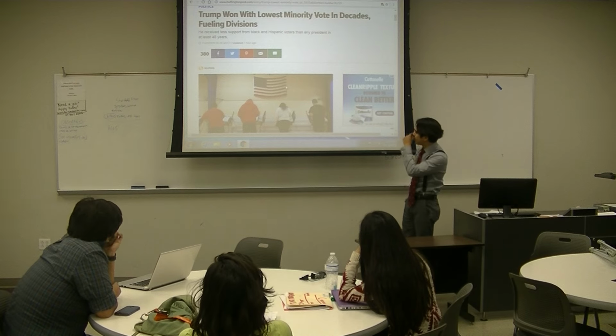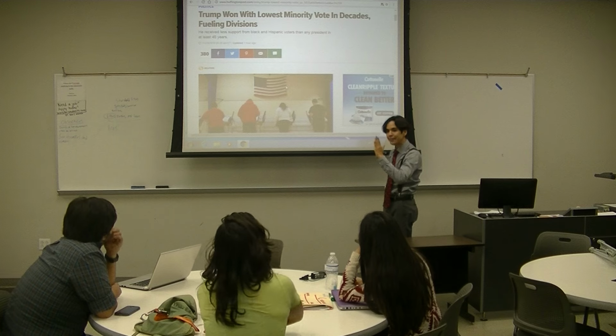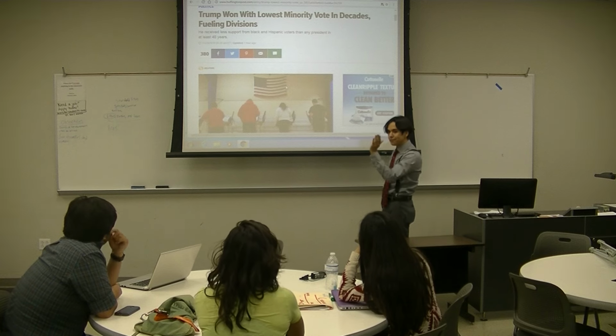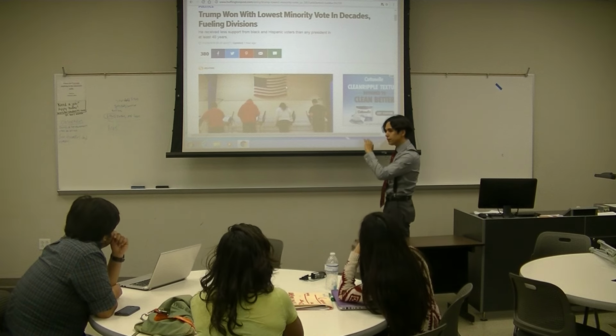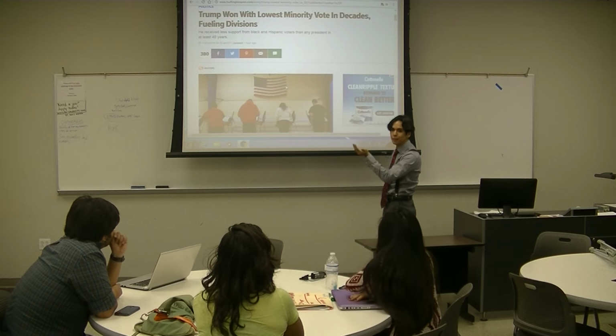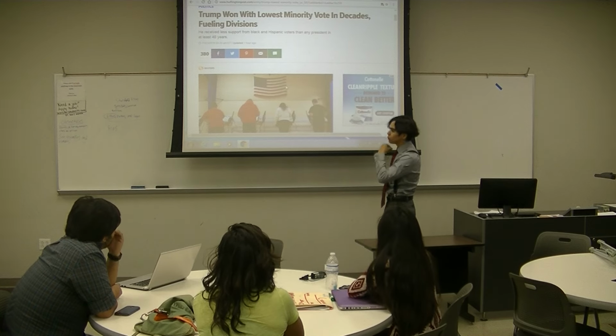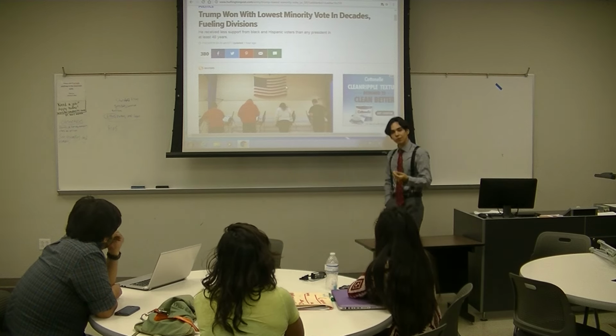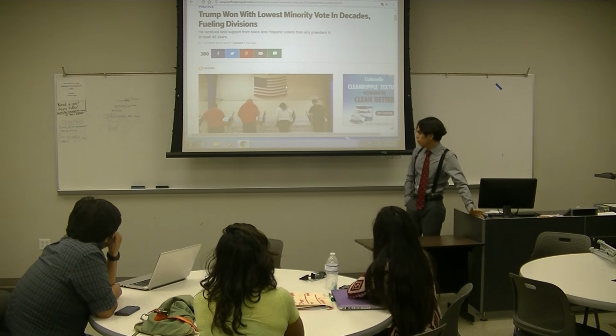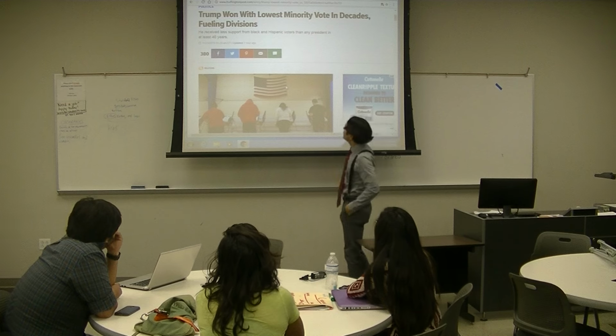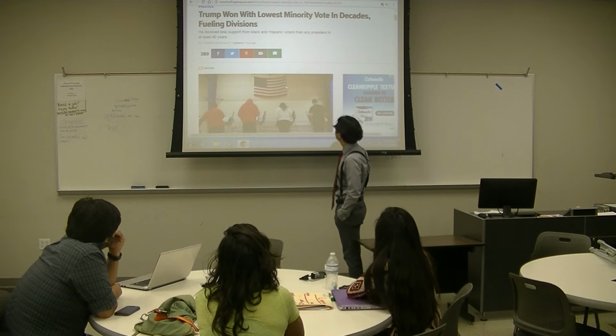Here, on the other hand, they're trying to give a negative connotation to the Republican Party, saying this was one of the lowest votes that Donald Trump has received in 40 years. It says right here, he received less support from black and Hispanic voters than any president in at least 40 years.